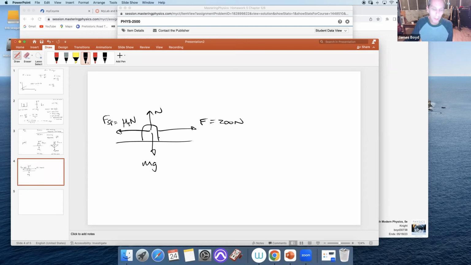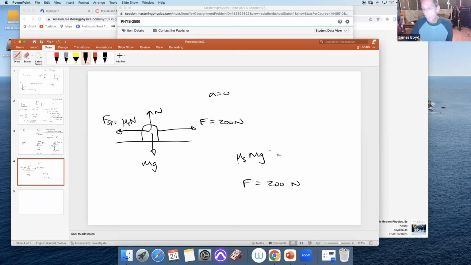However, if it's not moving, if A is 0, static friction is a variable force. It has a maximum, and the maximum it can be is mu s mg in this case. But anything less than that, it's not going to move. So any force you push, if it's not equal or greater than mu s mg, it's not going anywhere. So his push force was 200 newtons.